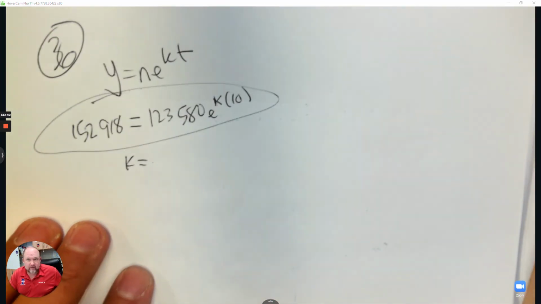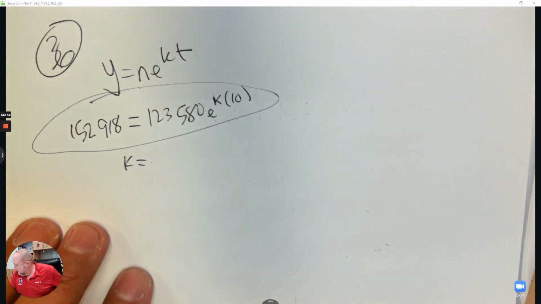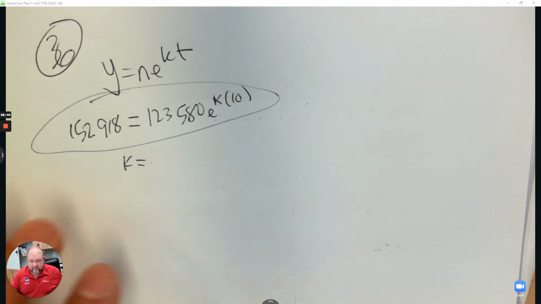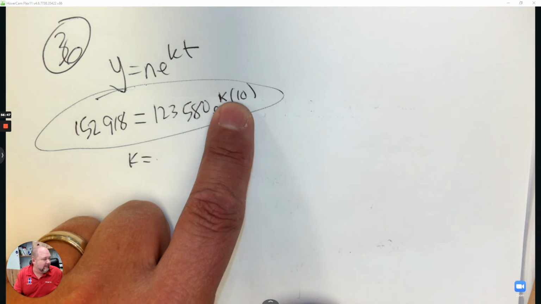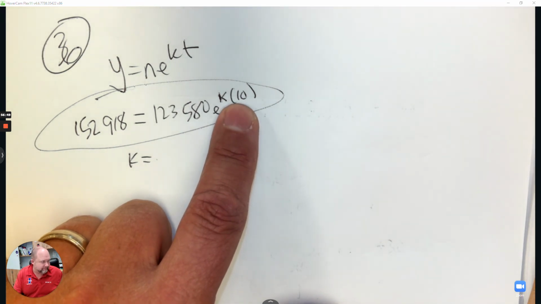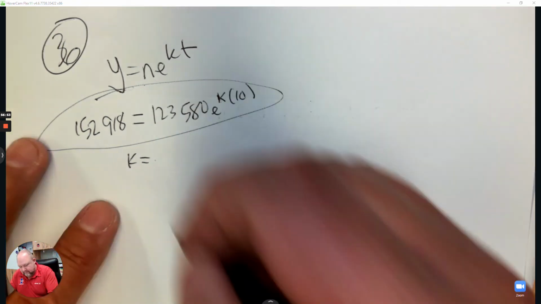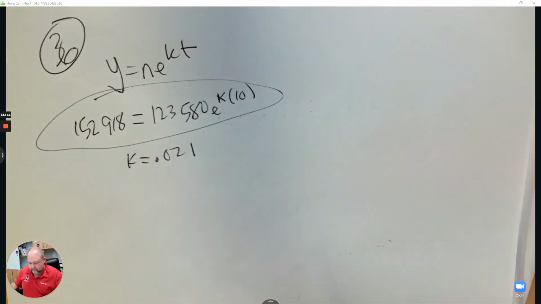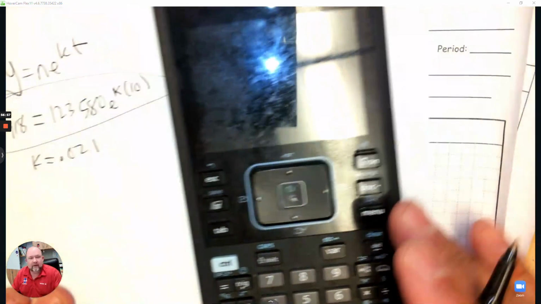So press menu, algebra, solve, and use the exponent 10k and then see what k equals. I'm going to do that for you. So the rate is about 0.021. Here we go.